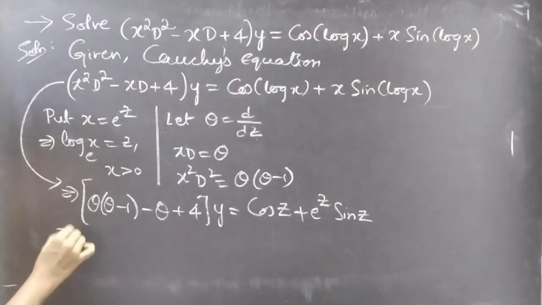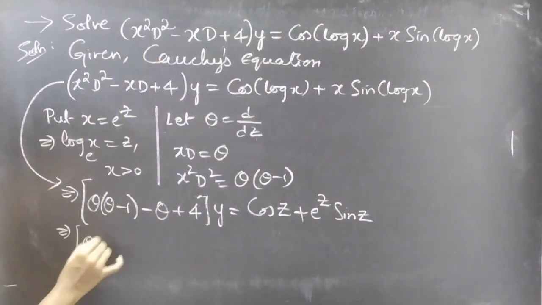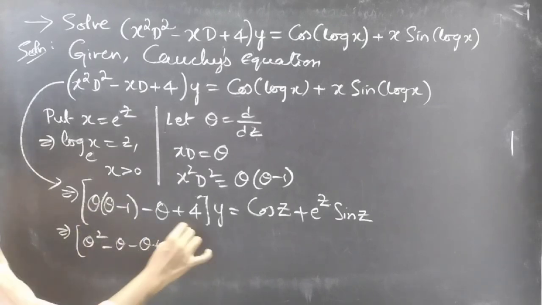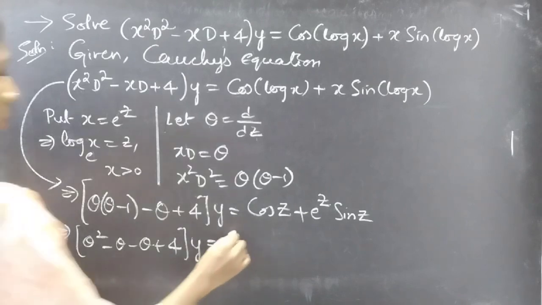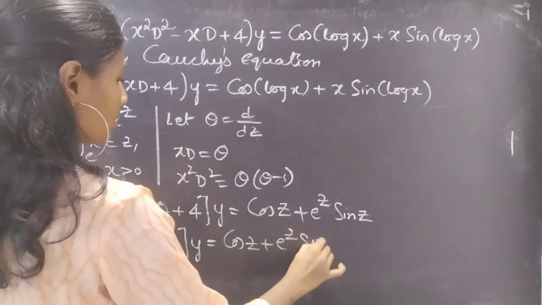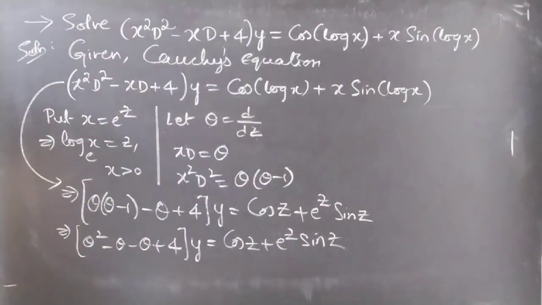Then θ² − θ − θ + 4 into y equal to cos z plus e^z sin z.